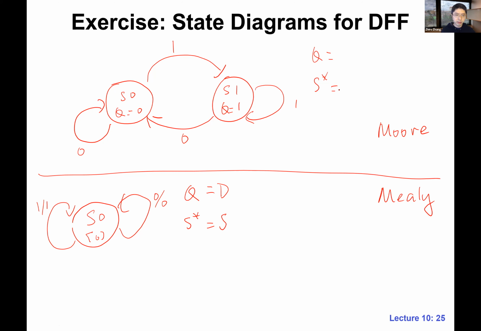You can just write down the truth table. What is Q? Anyone? We are coming back to the Moore machine, right? I hope that most of you agree that this is not correct. This doesn't work. But let's come back to the Moore machine.